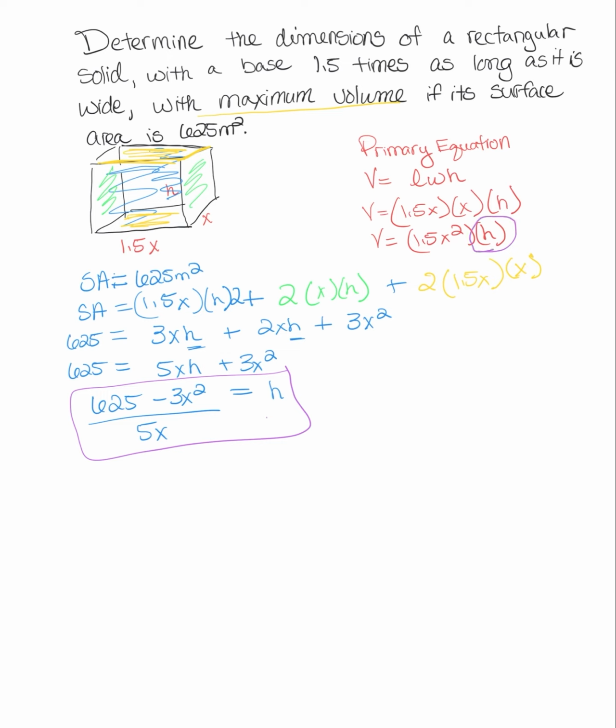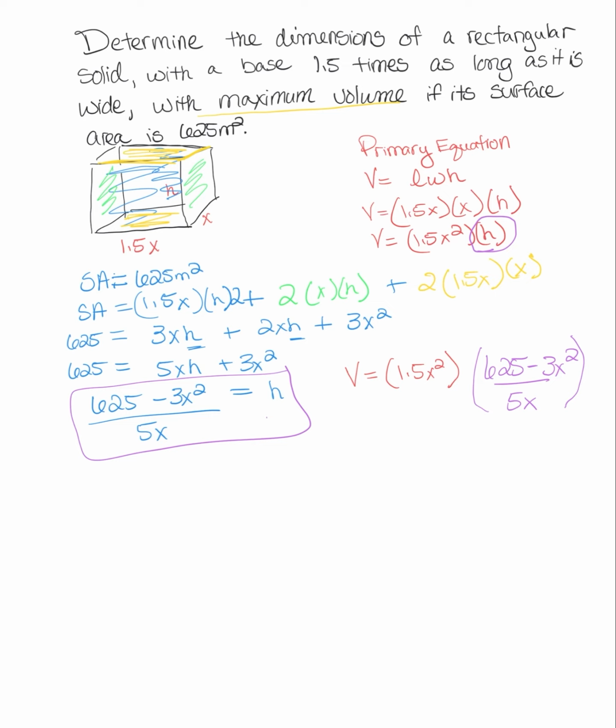So if we take our volume equals 1.5x squared times h, well, h is going to be 625 minus 3x squared divided by 5x. Okay?